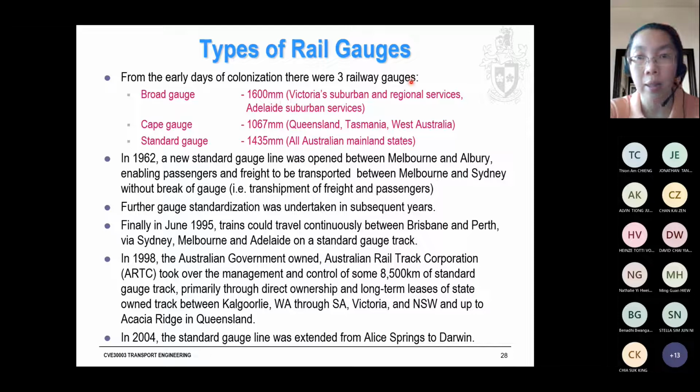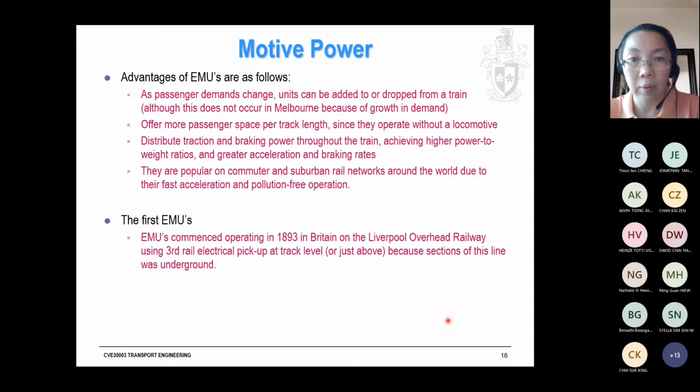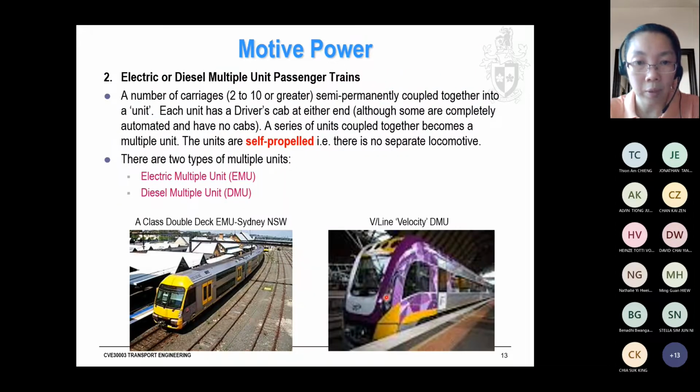Now, what I mean by all these gauge sizes, just give me a second. Okay, so what I meant by all this. The gauge size, we are referring to this between the two rails on a track.